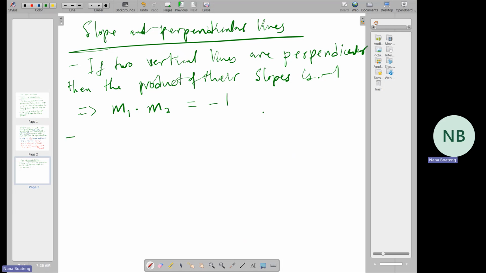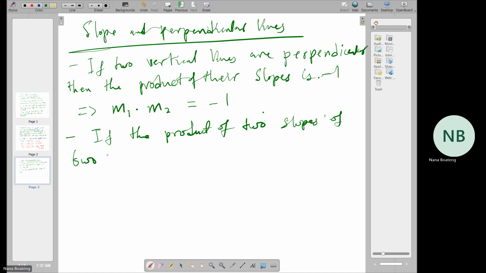And the reverse is also true. If the product of the slopes of two lines is -1, then the lines are perpendicular.